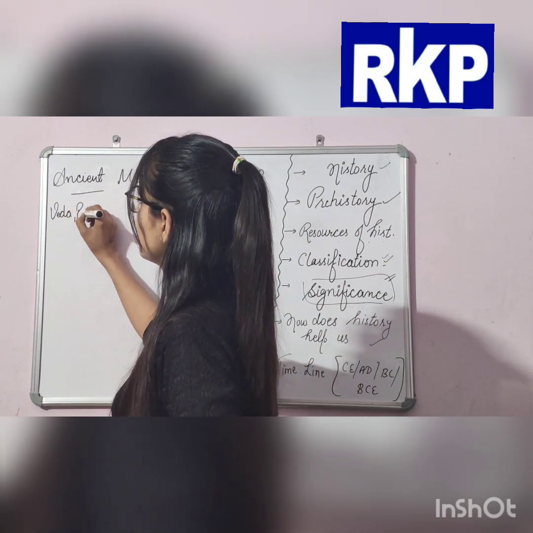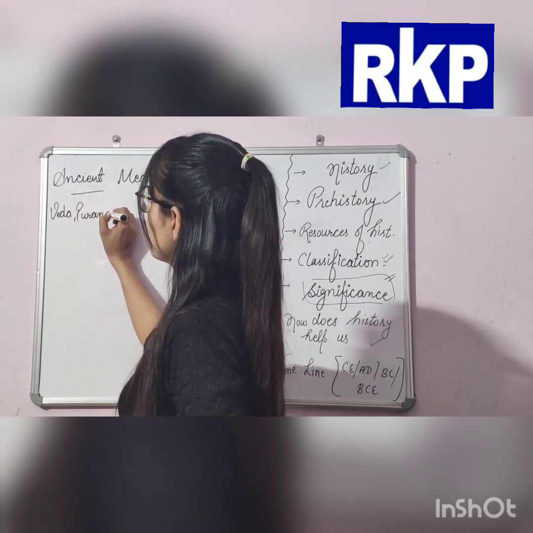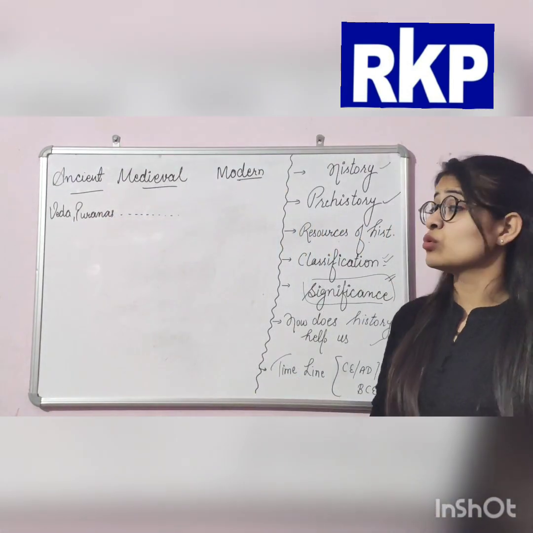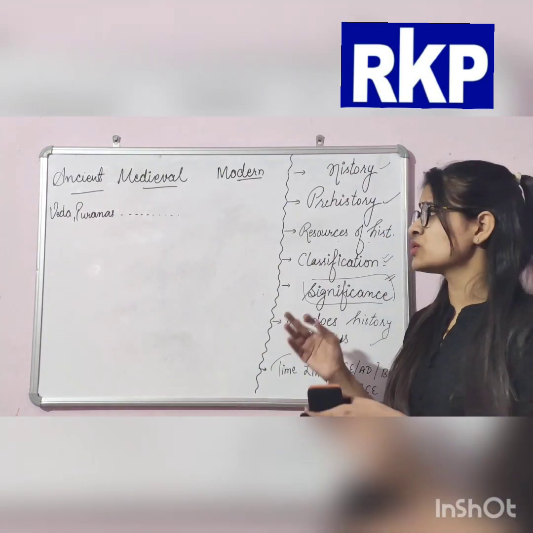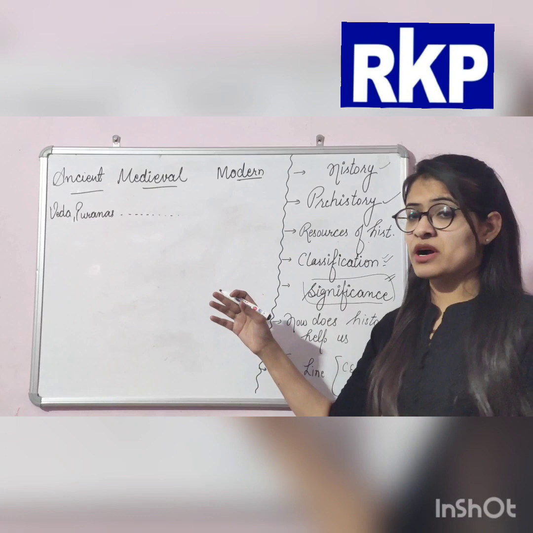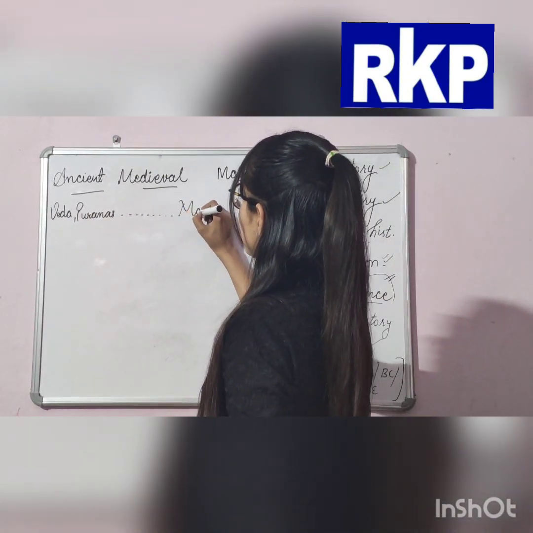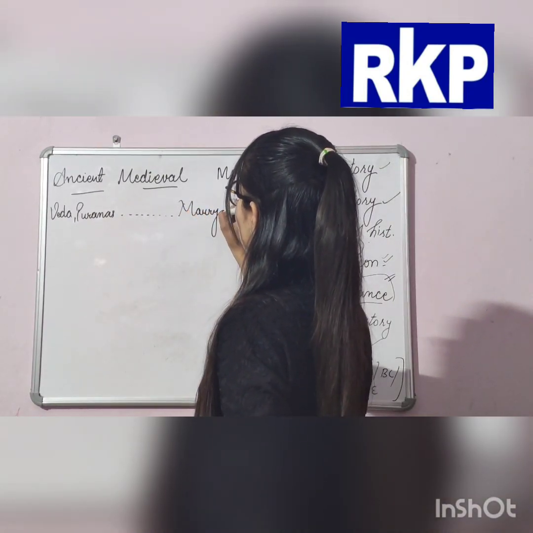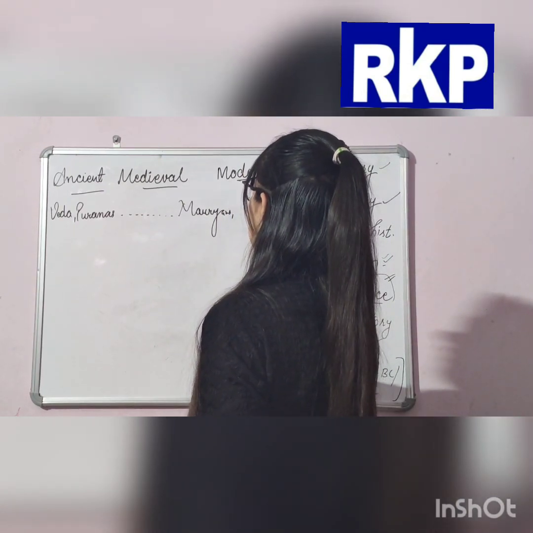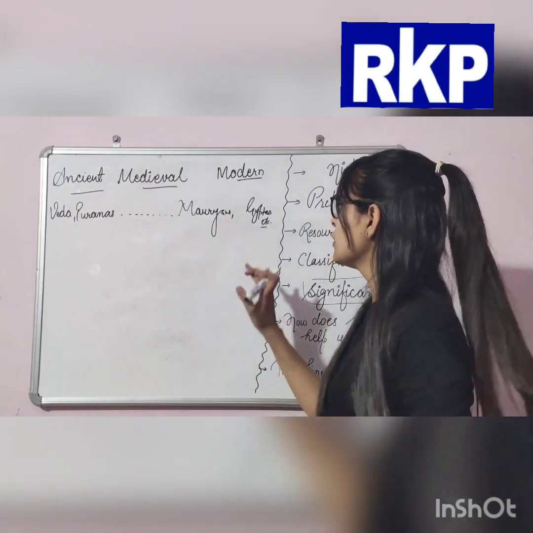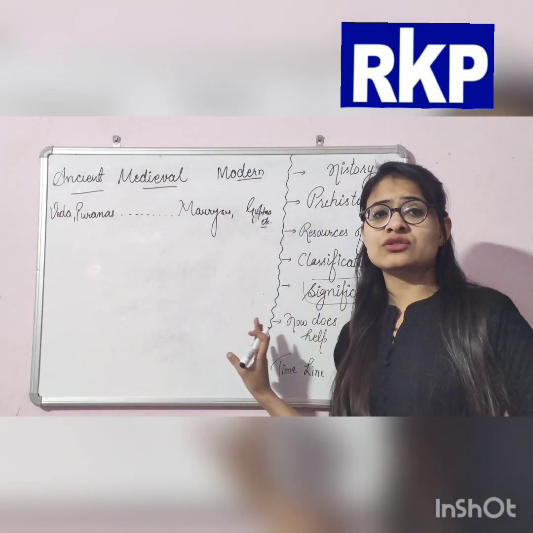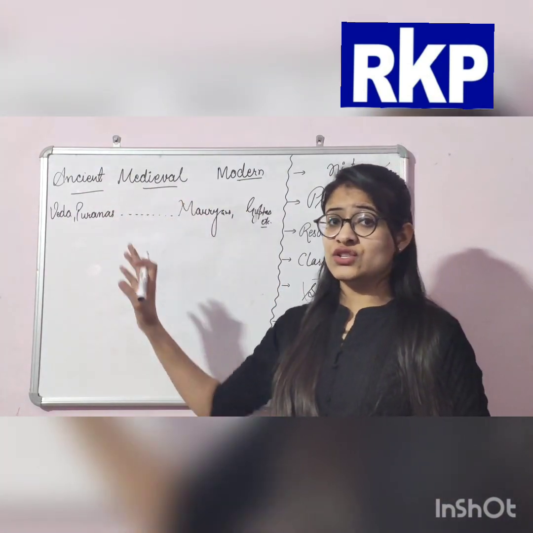So ancient history starts from the Vedas, Puranas, and Mauryans. The Mauryan dynasty will also be included, the Gupta dynasty will also be included, and the Nanda dynasty also will be included in this part. So we can say Mauryans, Nandas, and Guptas, etc. These things can be included in ancient history.